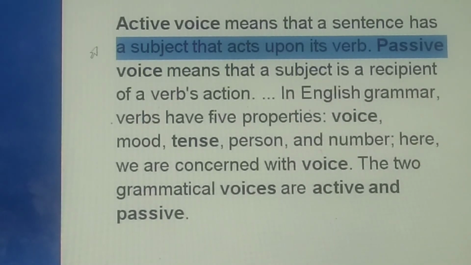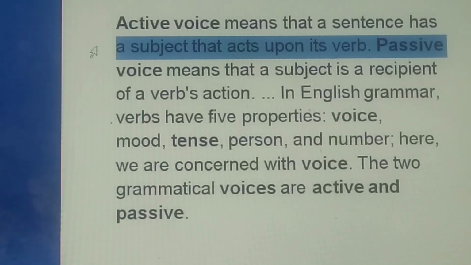So a recap. Active voice means that a sentence has a subject that acts upon its verb. Passive voice means that the subject is a recipient of a verb's action. In English grammar, verbs have five properties: voice, mood, tense, person, and number. Here we are concerned with voice. The two grammatical voices are active and passive.